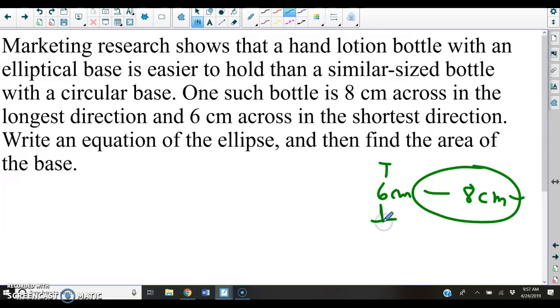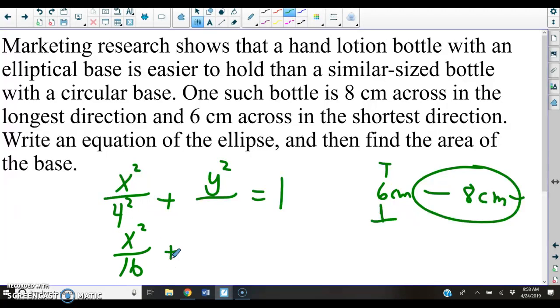Okay. So if we're going to write an equation of the ellipse, doesn't matter which one's x and which one's y. So I'm just going to put the bigger one under the x squared because it came out that way. But remember, it's not 8. The major axis is 8, but that's twice my a. So this would be 4 squared, or 16.